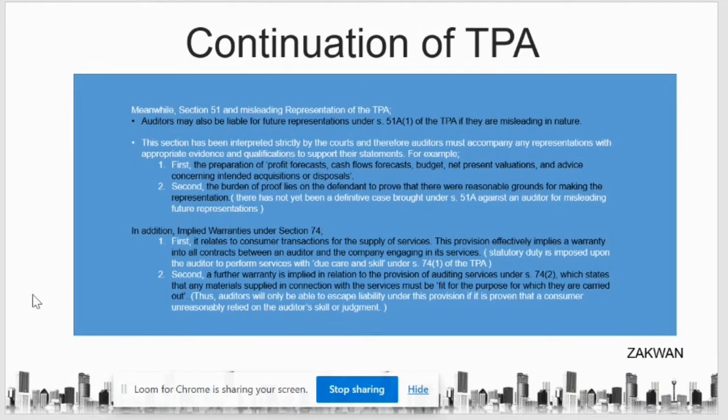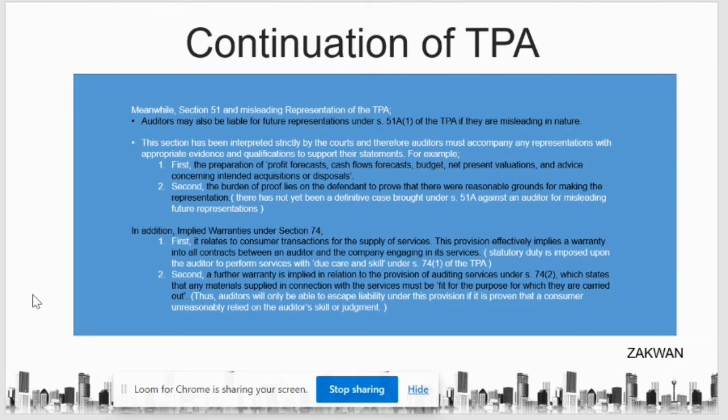Meanwhile, Section 51A concerns misleading representation under the TPA. Auditors may also be liable for future representations under Section 51A(1) of the TPA if they are misleading in nature.